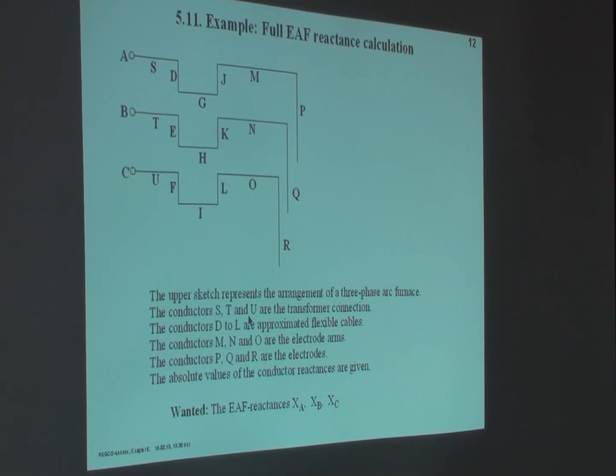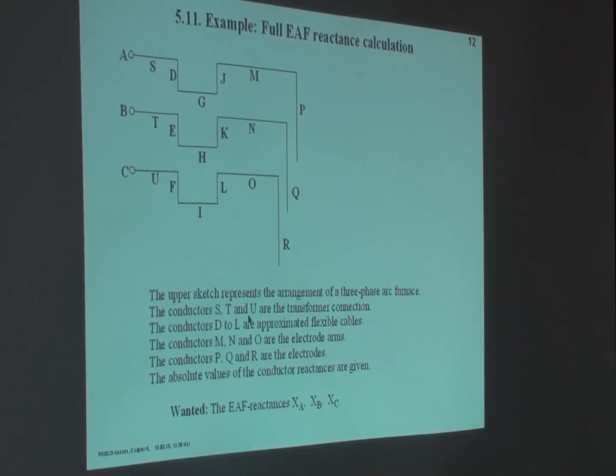Then we have to do XPE, XPK, XPQ. 2 times XPE, E is plus, plus 2 times XPK, and minus 2 times XPQ, plus 2 times XQQ. And then we are finished.